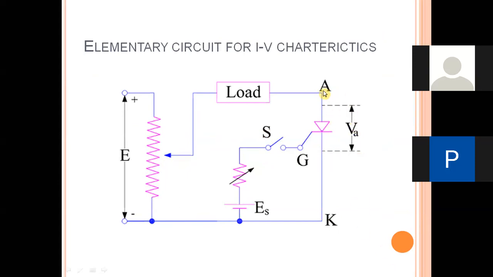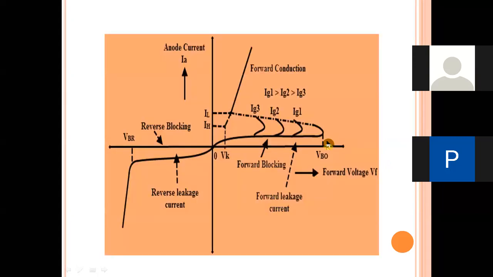So how to identify the device in the conducting mode, how to identify the device in the blocking mode means simply across this anode and cathode a voltmeter is going to be connected. Whenever a voltmeter is connected here, what will happen whenever the device comes to the conduction?